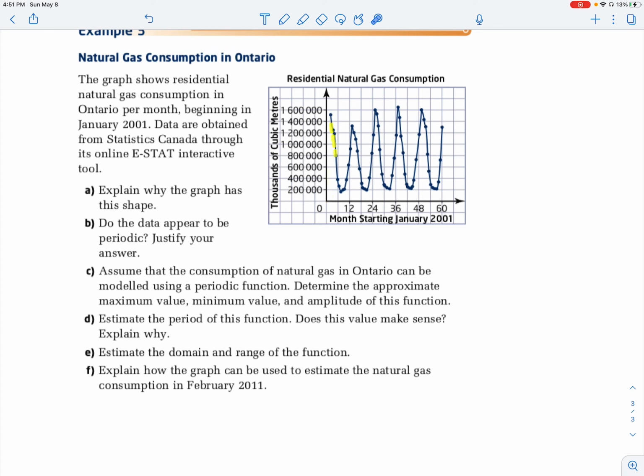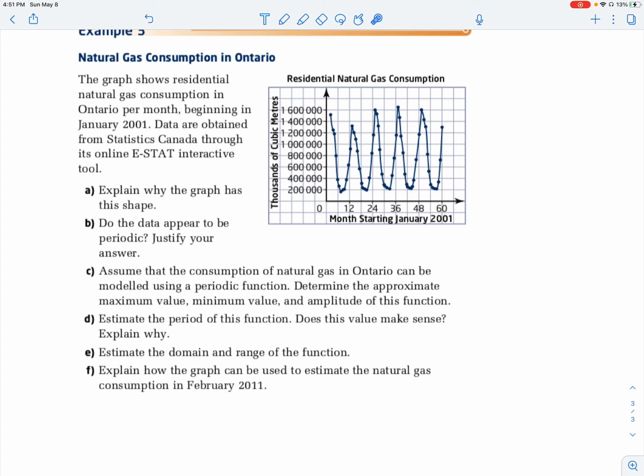And then it starts to go down as the weather warms up. And then as we get towards the colder months, the amount of gas starts to ramp up again. So usually gas bills are higher in the winter because it takes a lot of gas to keep our houses warm, a little bit more than what it takes in the summer to cool them off.